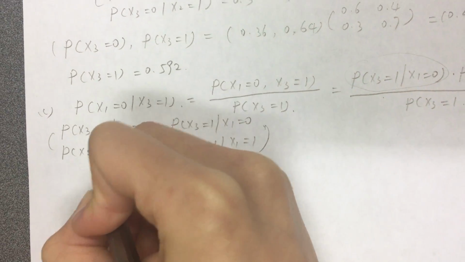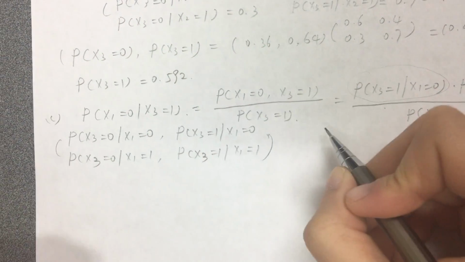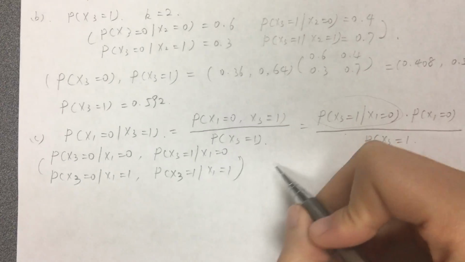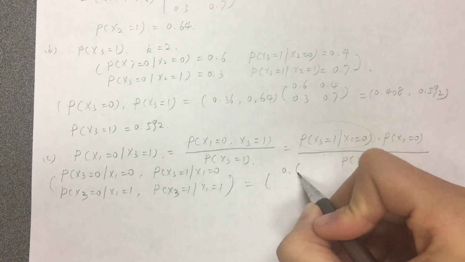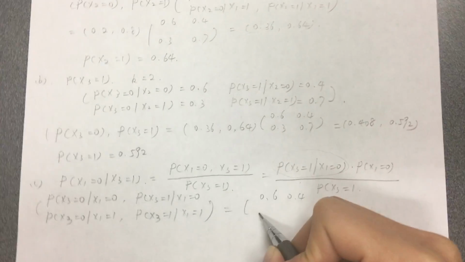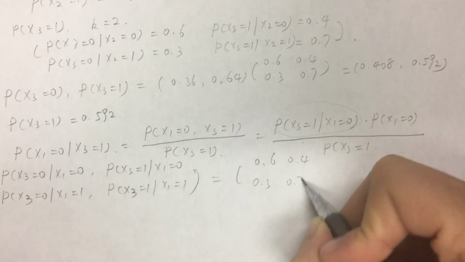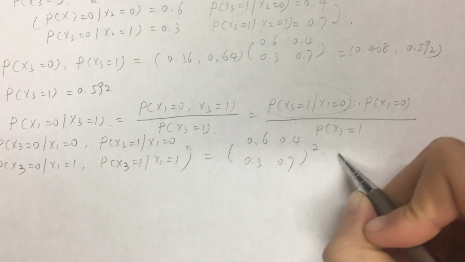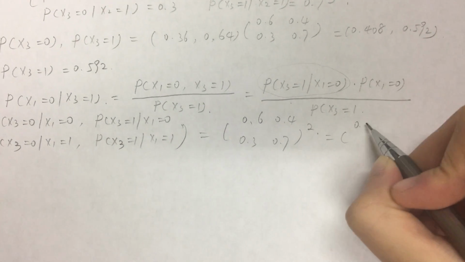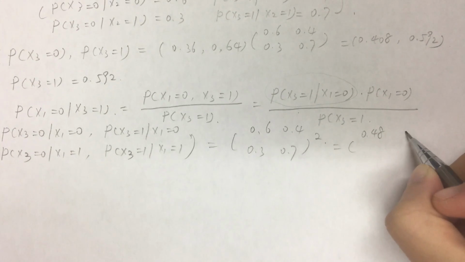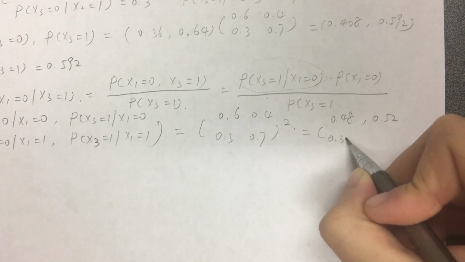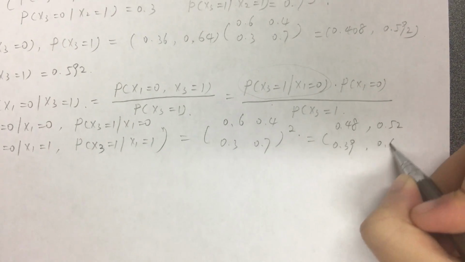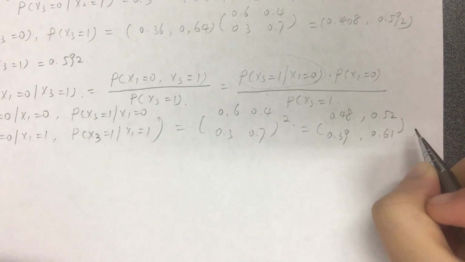Oh, sorry, this is x3. It equals the matrix [0.6, 0.4; 0.3, 0.7] squared, which equals [0.48, 0.52; 0.39, 0.61].